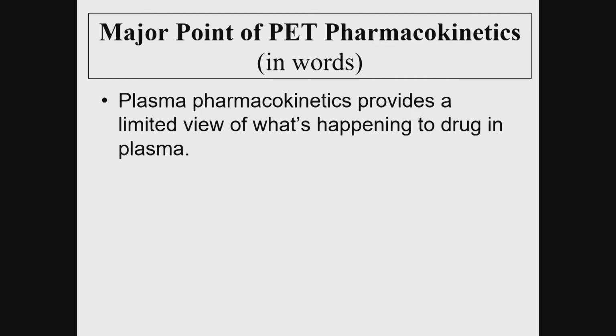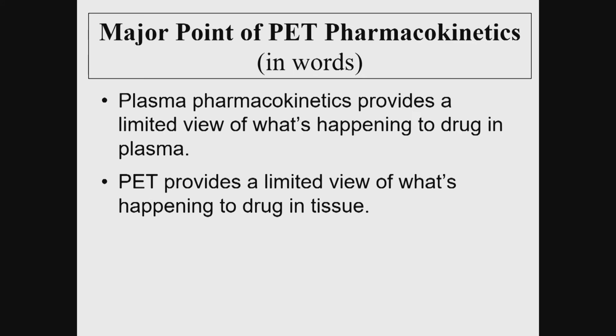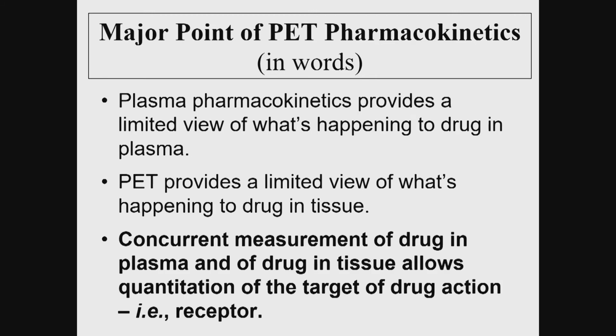But that's a very limited view of what's happening to the drug. PET provides a limited view of what's happening to the drug in the tissue, in my case, in the brain. But if you concurrently measure the drug in the plasma and drug in the tissue with PET, you can quantify the target of drug action, that is the receptor.